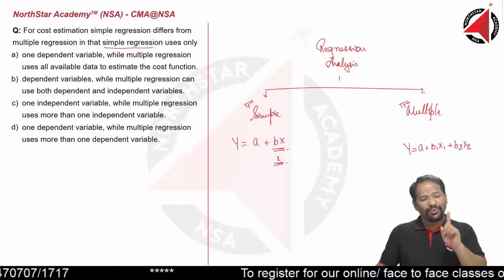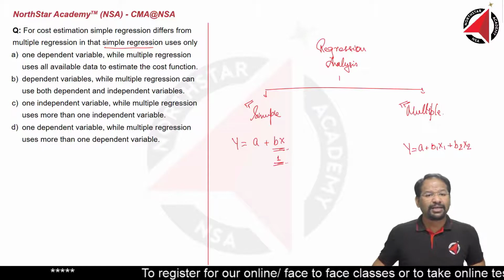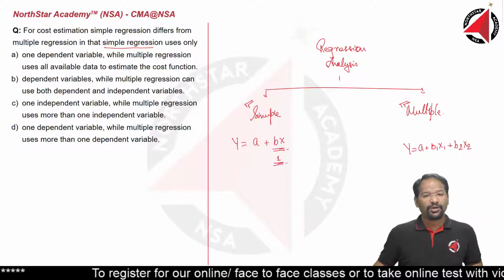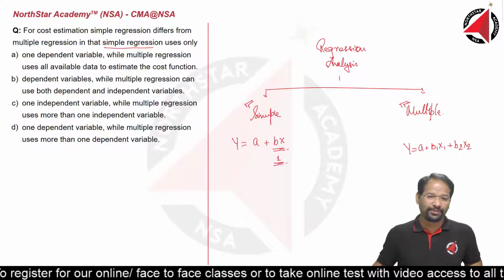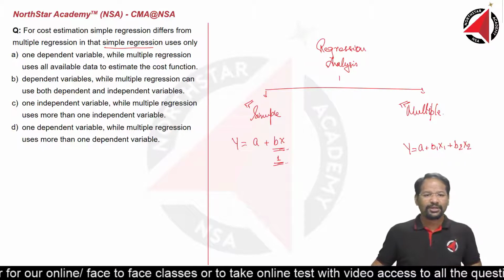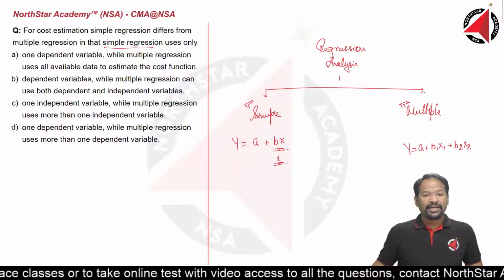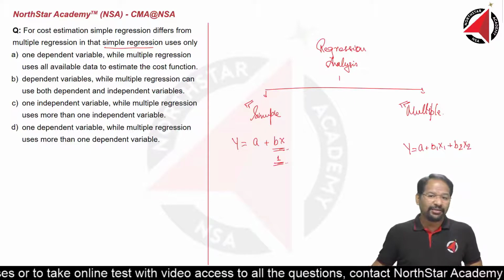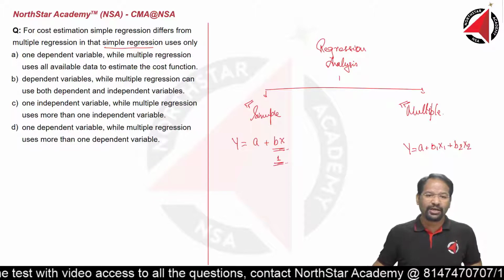There is always one dependent variable, not only in simple but also in multiple, while multiple regression uses all available data to estimate the cost function. Answer is no. This is an incorrect option. The first part of the option is only correct. Option B says dependent variables, while multiple regression can use dependent and independent variables as well. Answer is no. This is also not a correct option.